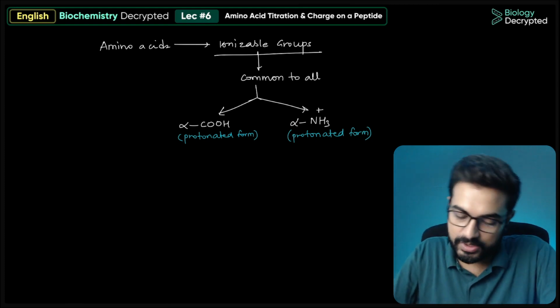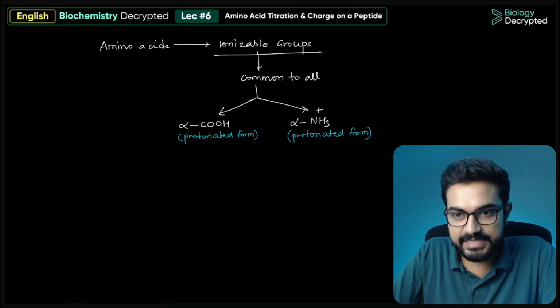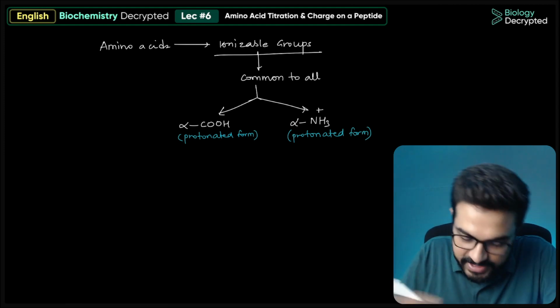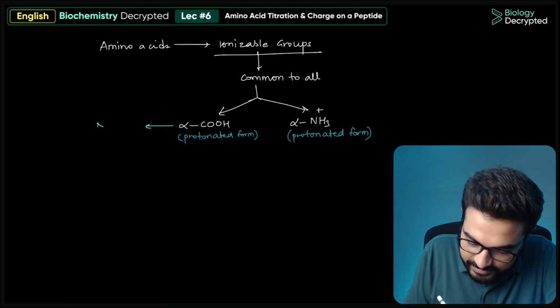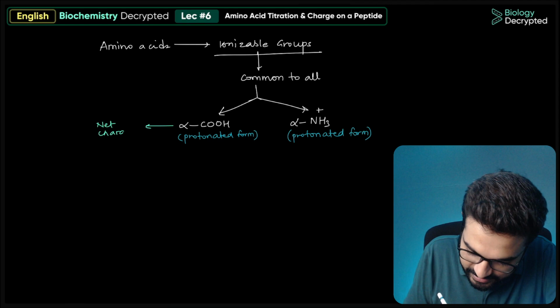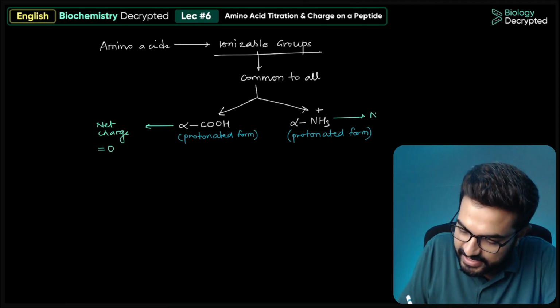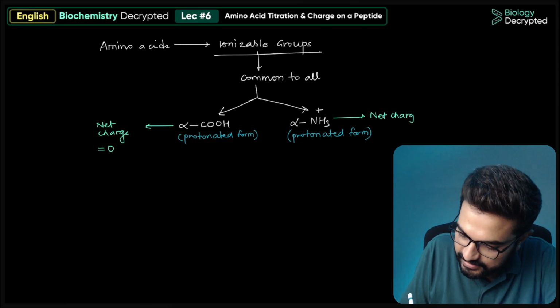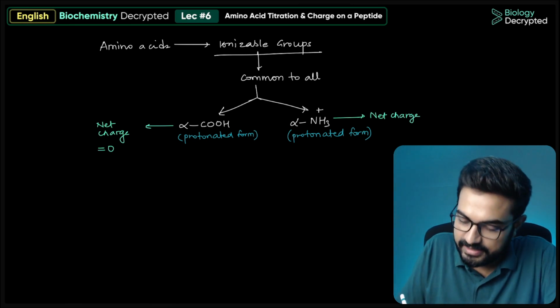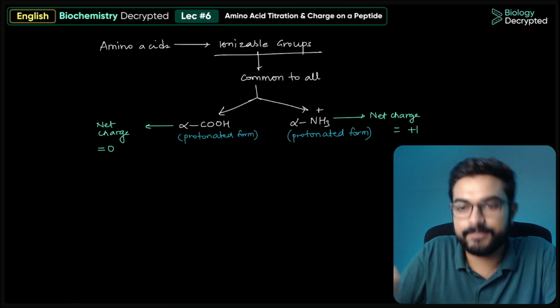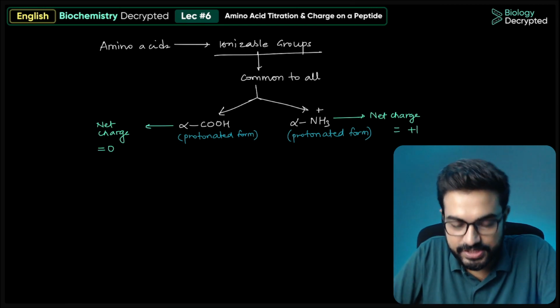Now what's important to see here is the net charge. The net charge here is 0, whereas the net charge here is +1. So we saw the net charge in both the cases.